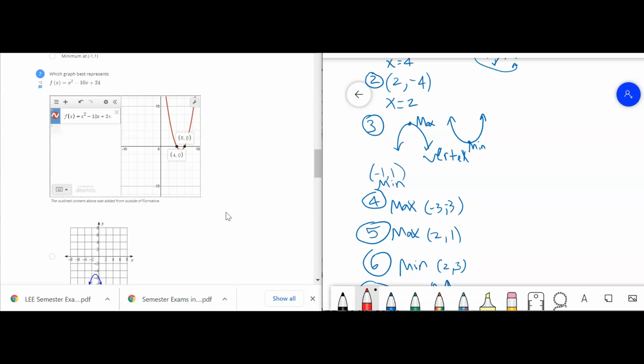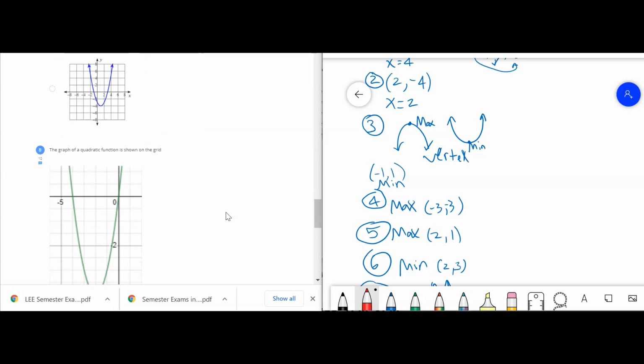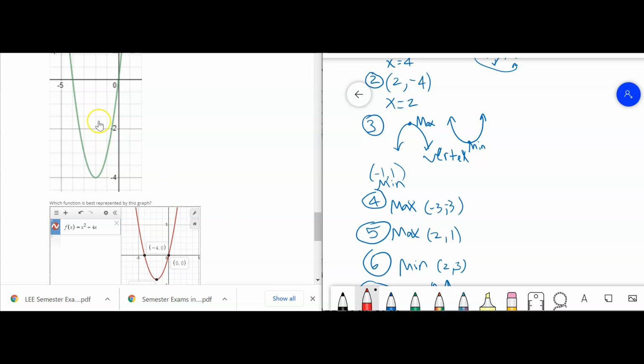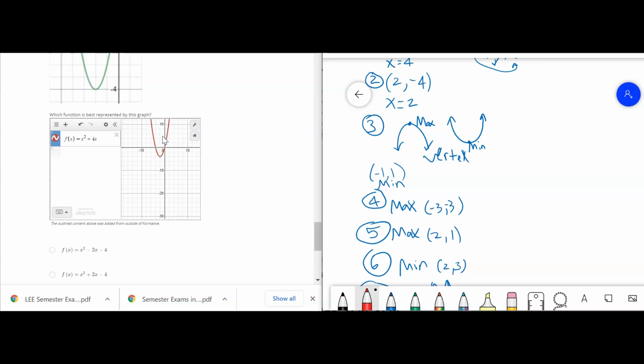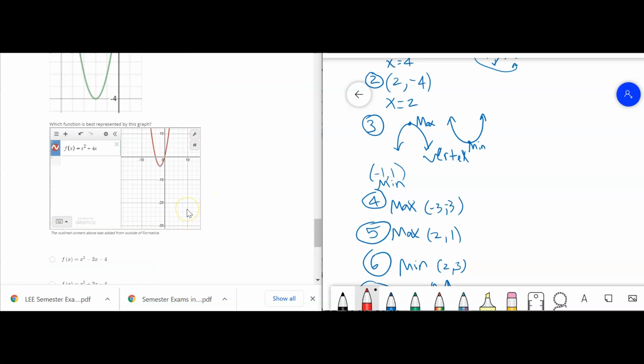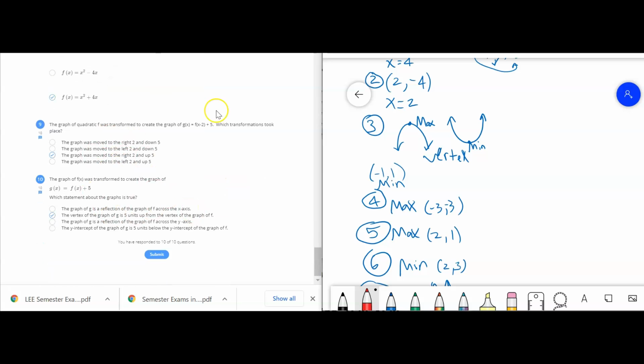And number 8 is working backwards given the graph. So far you had to graph the answer choices and match it up. And then we talked about transformations. So that's your test, and this is your review. So finish this review, and the test will be the next class, all right? Here we go.